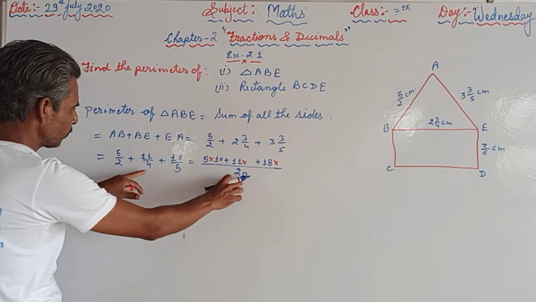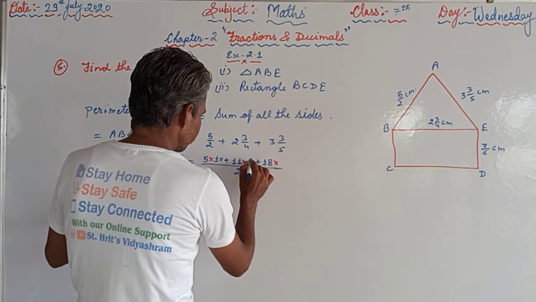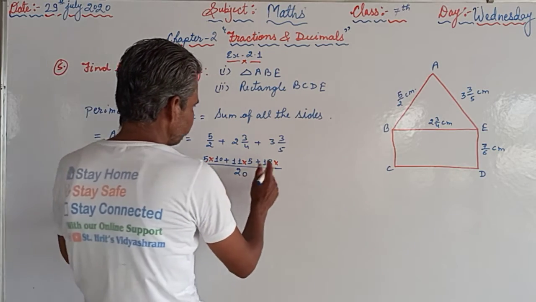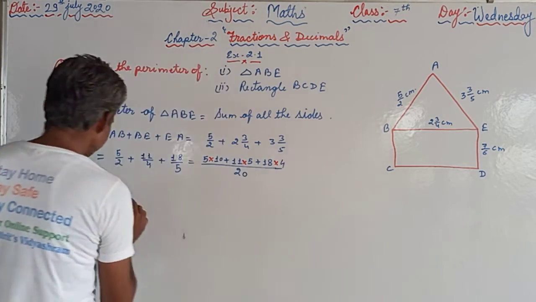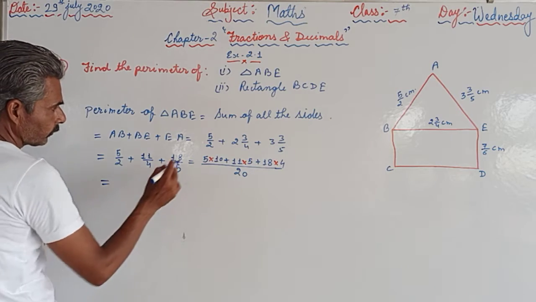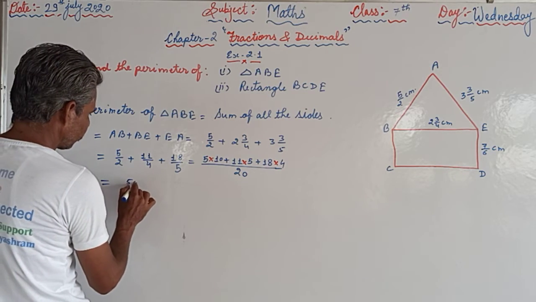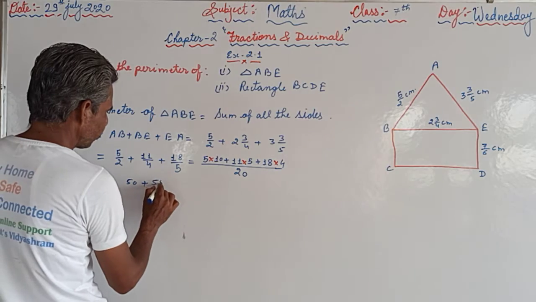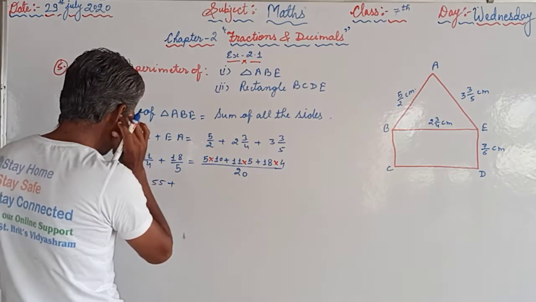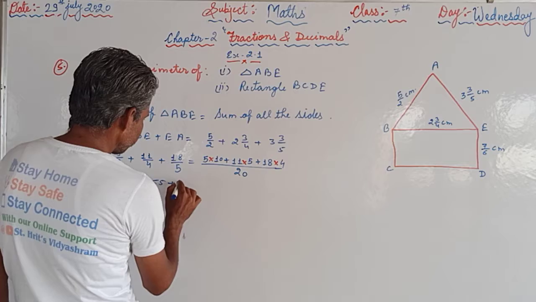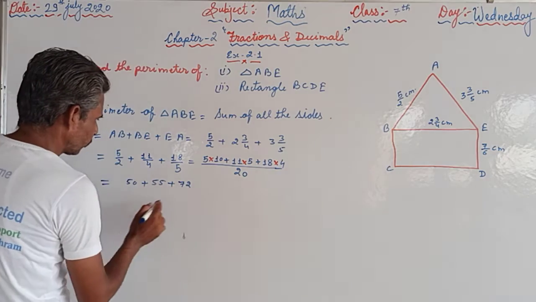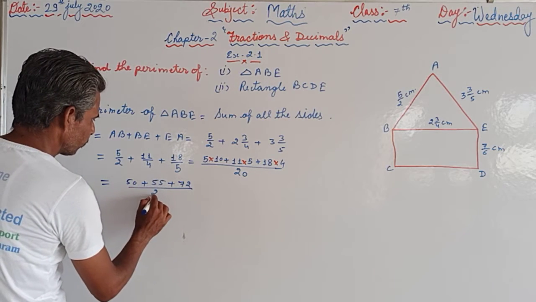We divide 20 by 4, we get 5. 20 divided by 5, we get 4. So here we will write 10 times 5 is 50, plus 11 times 5 is 55, plus 18 times 4 is 72, and downwards we will get 20.